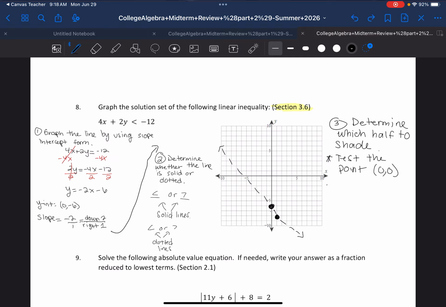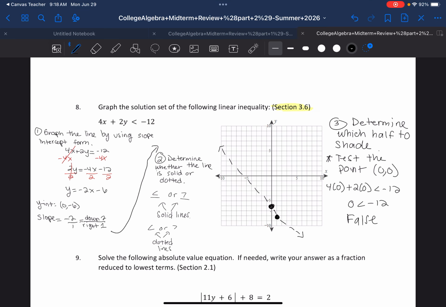So 4 times 0 plus 2 times 0 is less than negative 12. So everything on the left would just be 0. And this says 0 is less than negative 12. Well, this is false. 0 is not less than negative 12. Negative 12 is less than 0.